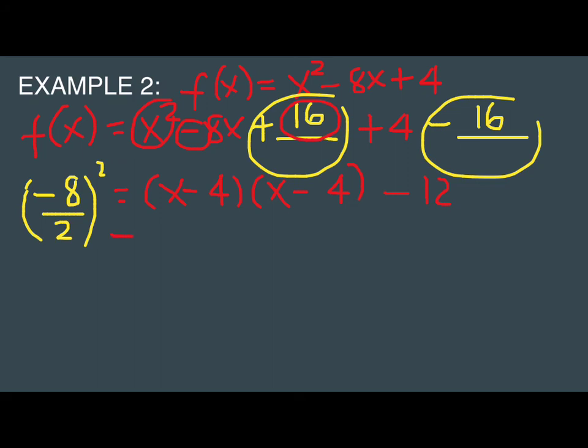Now we can rewrite this into its square of a binomial form, x minus 4 quantity squared, minus 12. Again, the opposite of this value will be for your vertex. So the vertex this time is located at positive 4, the opposite of this value, paired with negative 12.